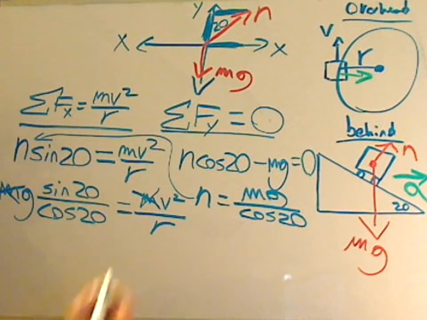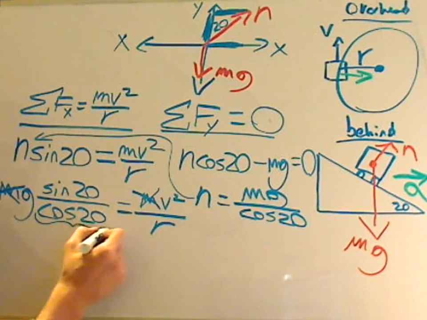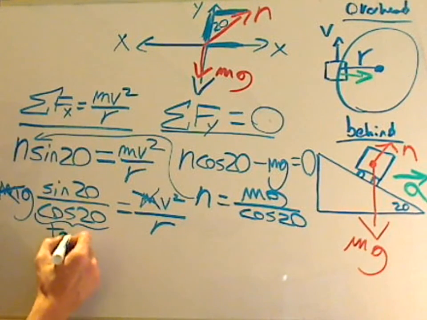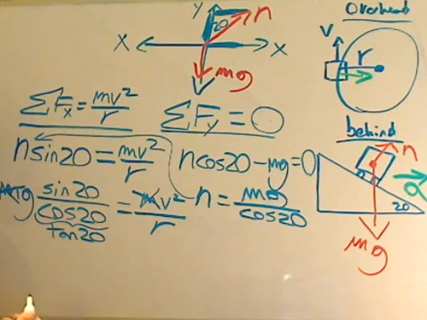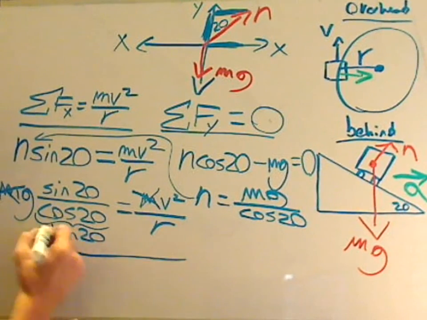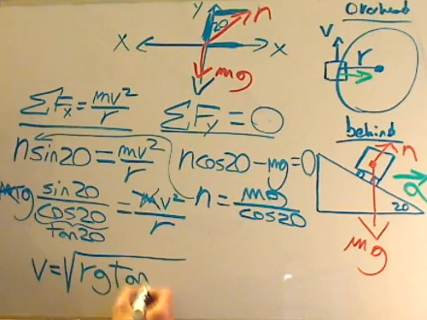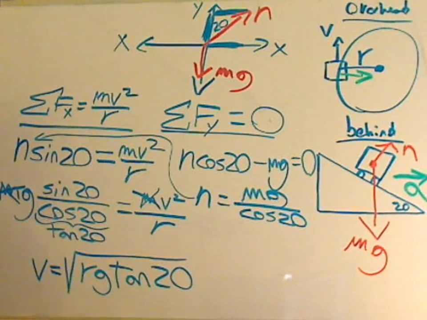And we multiply both sides by r. Sine 20 over cosine 20 is tangent of 20. And we get the velocity is the square root of r g tangent of 20. Okay?